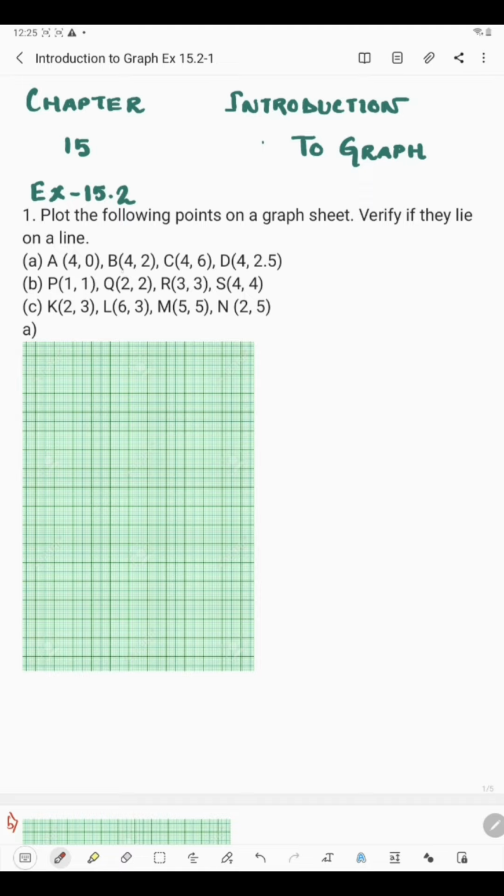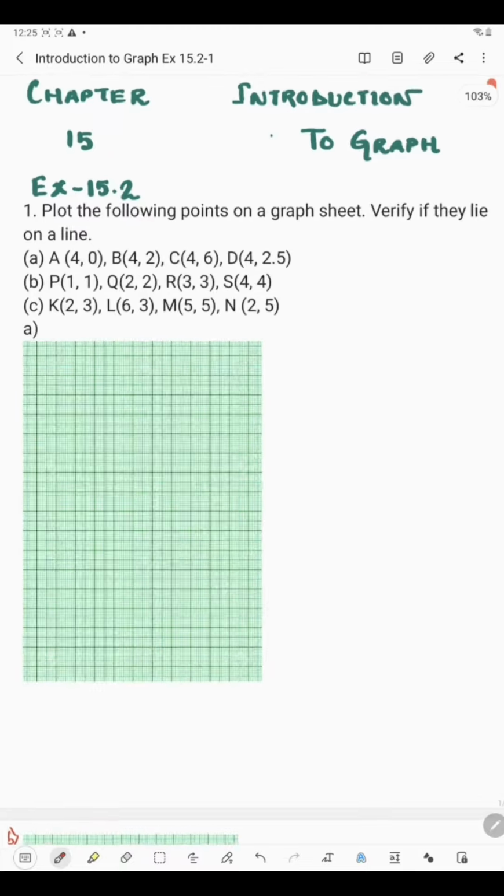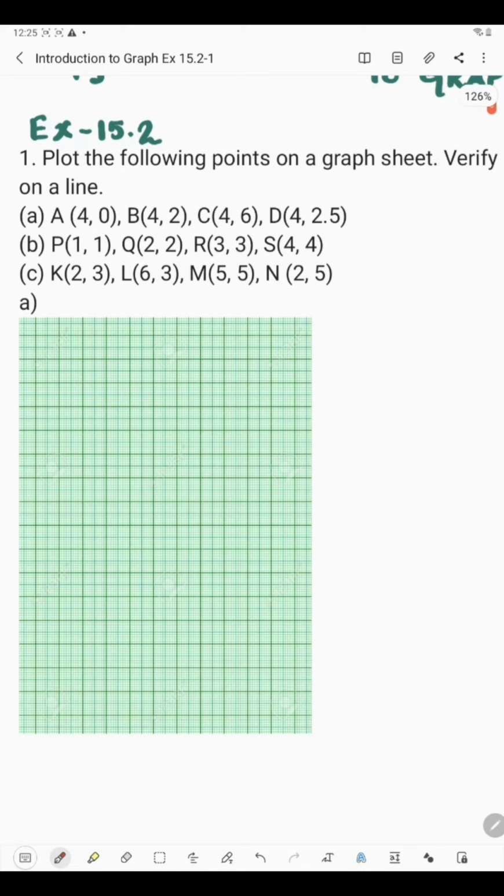For this, at first we need to draw two axes, a vertical axis and a horizontal axis. The horizontal axis is known as the x-axis and the vertical axis is known as the y-axis. Suppose these two axes meet at point 0.